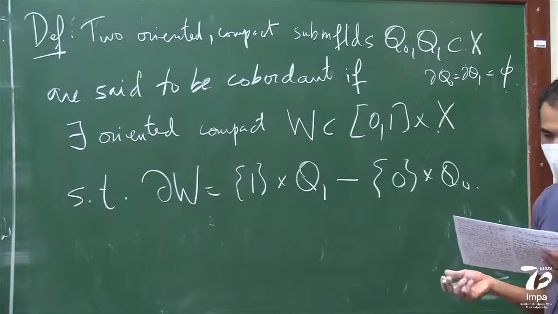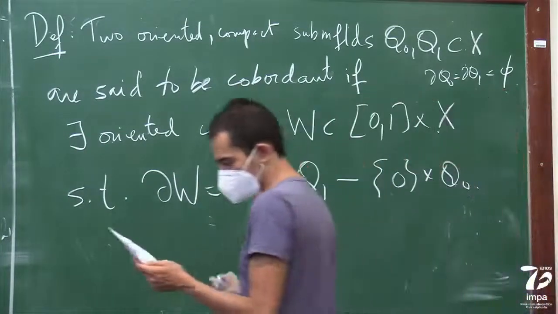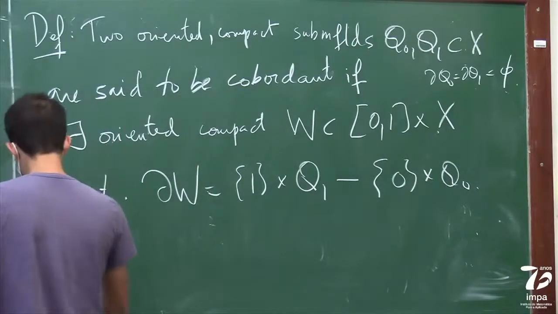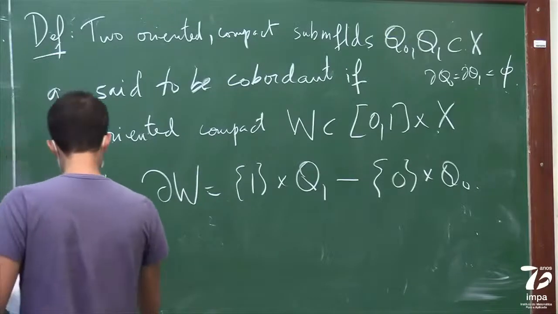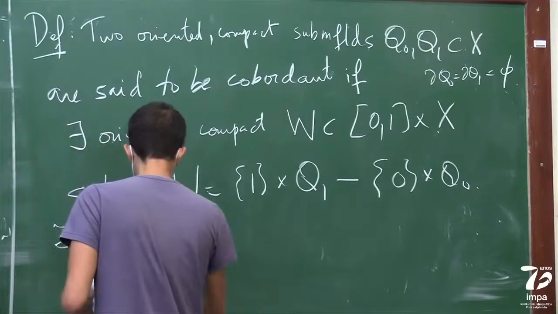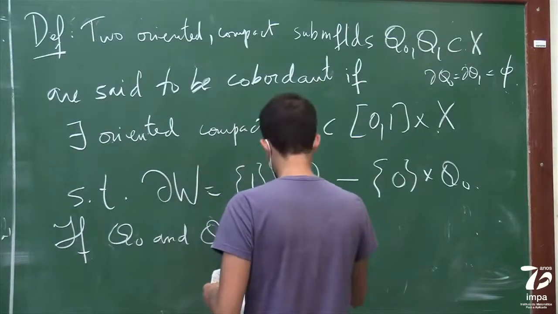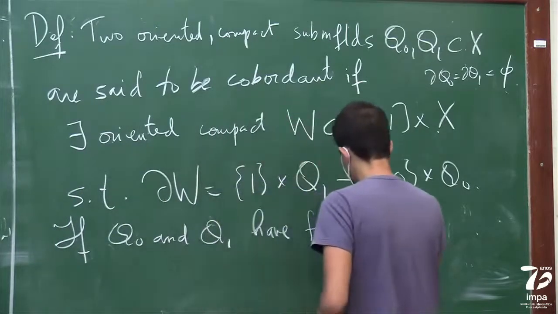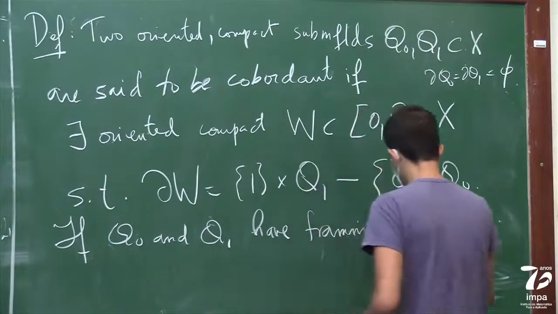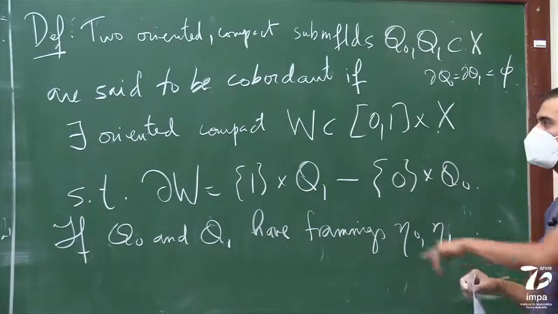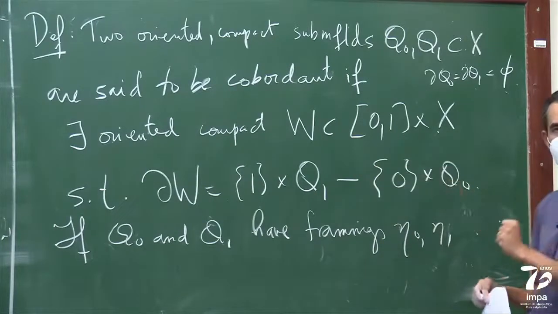And sometimes, if Q0 and Q1 have framings eta 0 and eta 1, we could require this cobordism, W, to be framed as well.